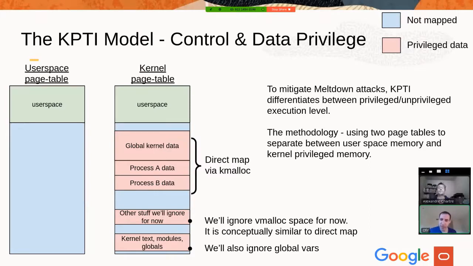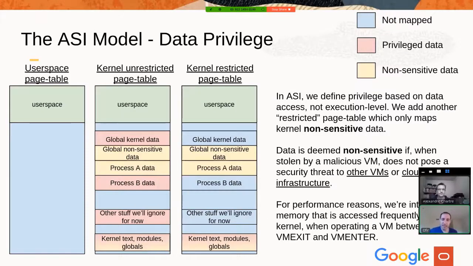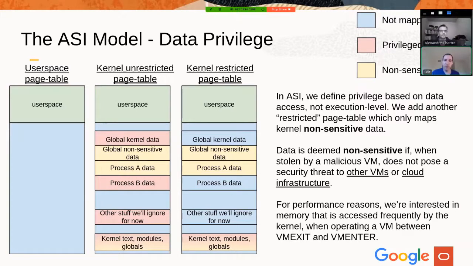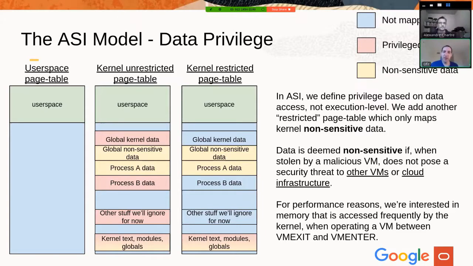In KPTI, basically the idea is that privilege is based on whether you're in userland or in kernel space. And in ASI, this is slightly more nuanced. Instead of saying you're in kernel space or not, we're defining privilege based on the data, not necessarily on the execution level.